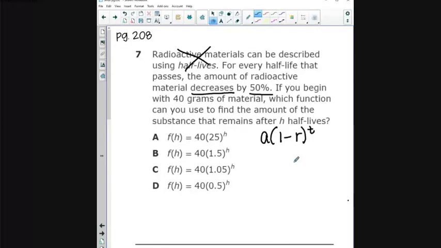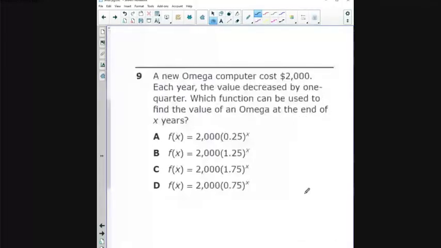Okay, number 9 says, a new Amiga computer costs $2,000. Each year the value decreases by 1/4. Which function can be used to find the value of an Amiga at the end of x years? We know that for sure the initial cost is 2,000. That should be the first number.